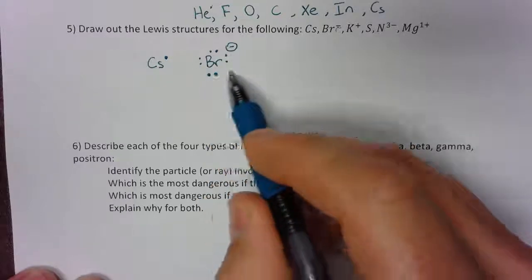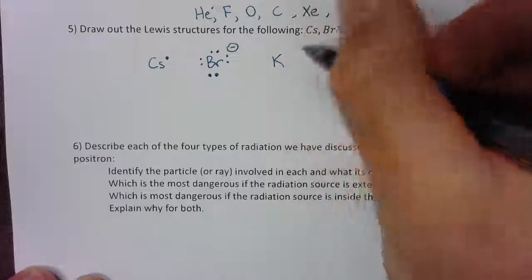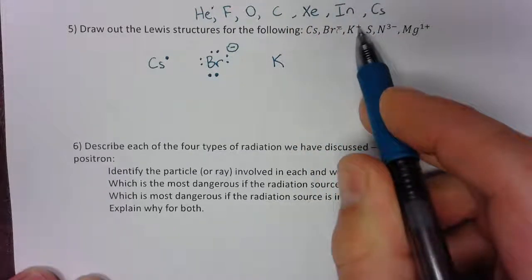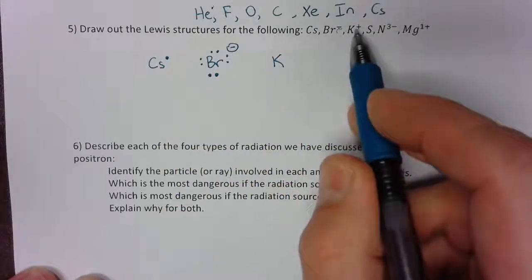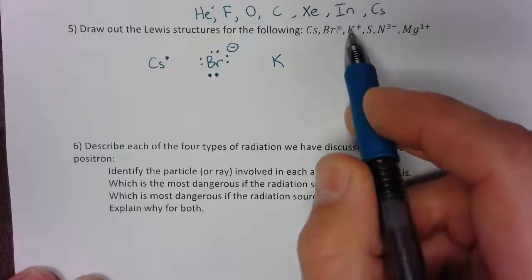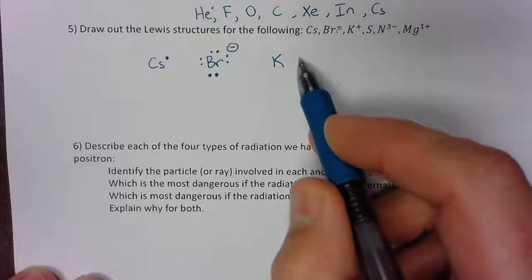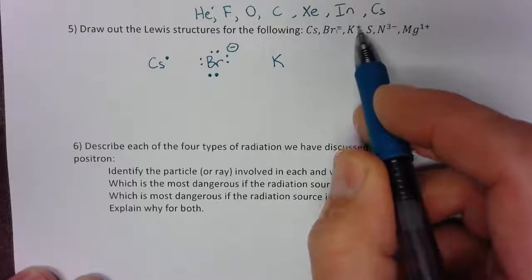So it has an octet. K normally would have 1, but because there's a positive charge, it's just like cesium, it's in group 1. There's a positive charge, we remove that 1 electron, so K actually has no valence electrons here, because we've removed its 1 valence electron.